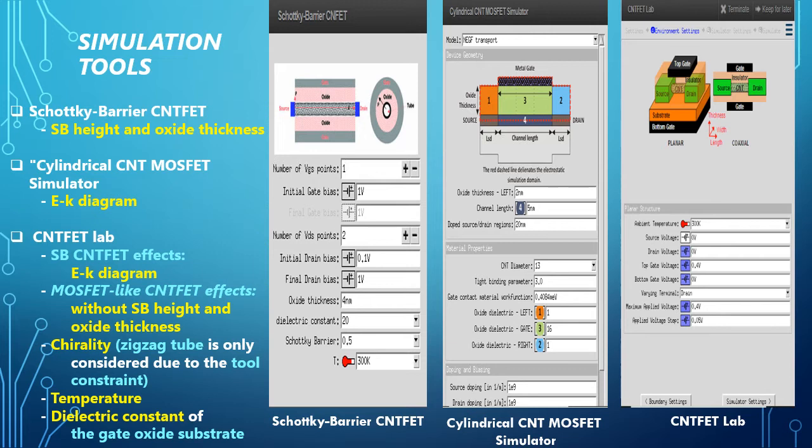The metallic electrode can't be changed using the CNTFET lab. If I choose the armchair and chiral with n of different values, the CNTFET lab will crash. So just the zigzag tube was taken into account. Yeah, that's pretty much it from this slide.